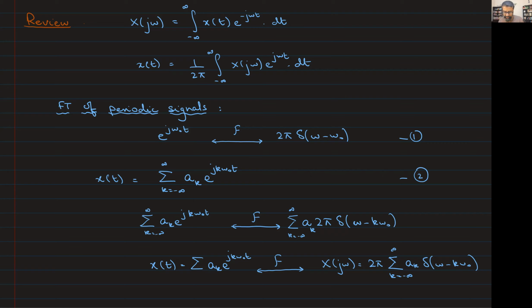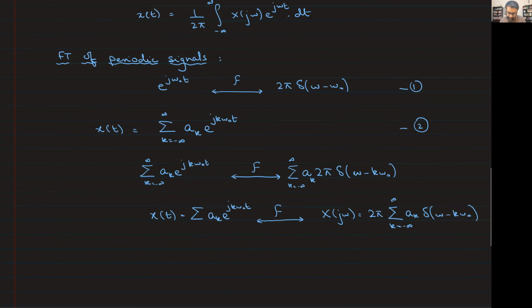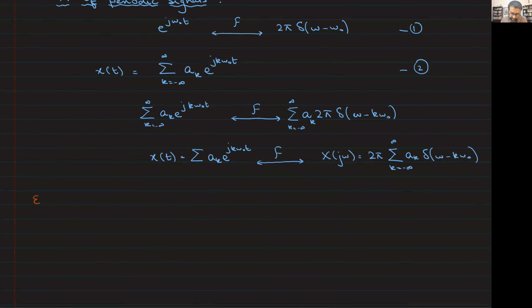So let's do some examples for this. Let's do another example, which is if x of t was equal to sine omega naught t, and I ask you to find the Fourier transform for this. How would you find the Fourier transform?